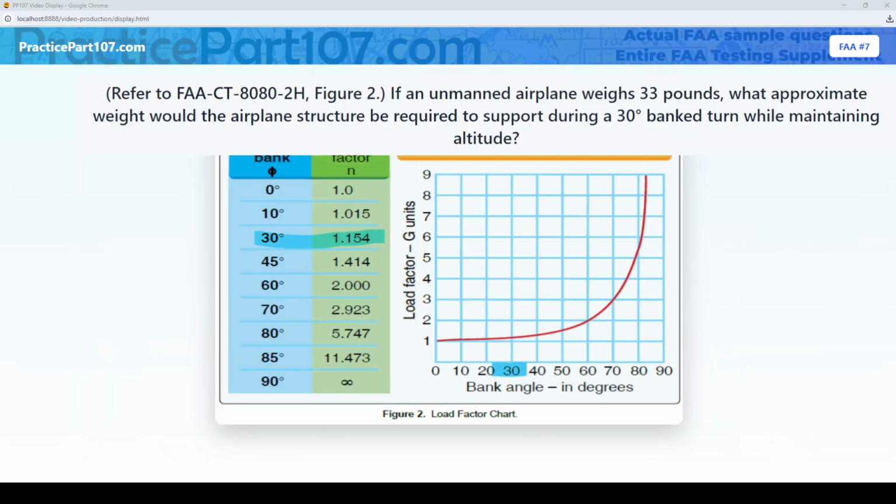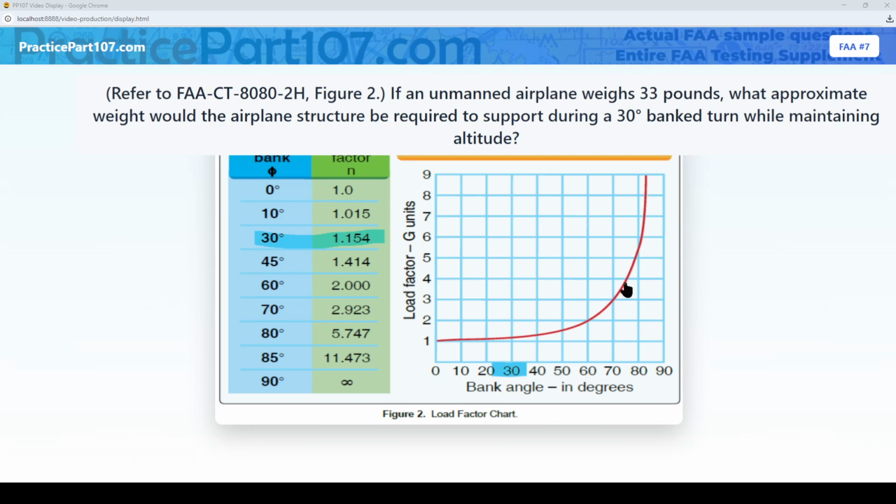And I'm going to go here where we've got a bigger slide. So it tells us a 30-degree banked turn has a factor of 1.154. A factor is a multiplier here. So when you're banking, these are the G forces, like in a jet plane.